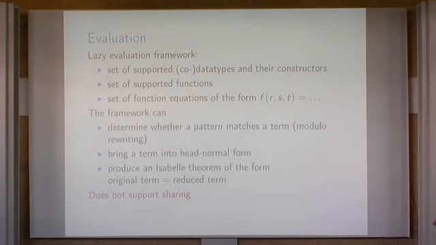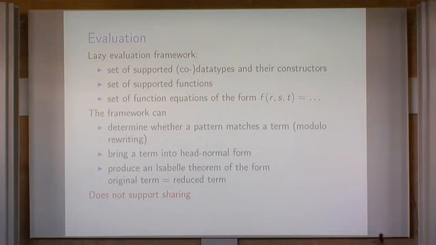Okay. So yeah, essentially the framework produces a theorem of the form original term equals the reduced term. And the big problem is that it doesn't support sharing at all. So in Haskell, if a variable on the left hand side appears several times on the right hand side, then after the reduction, all of the occurrences on the right hand side will be the same value in memory.